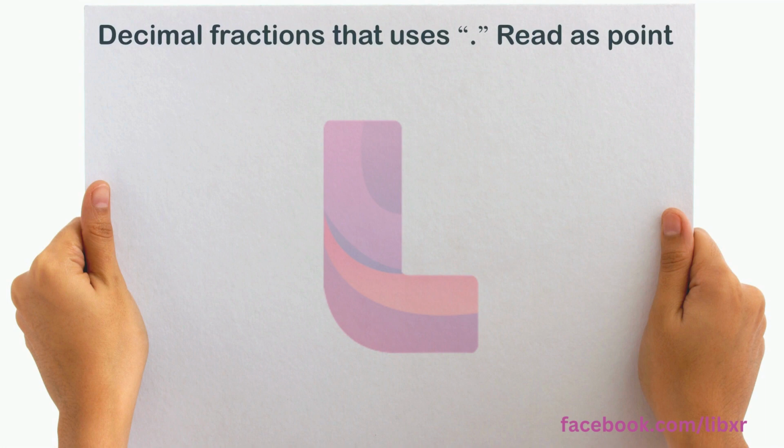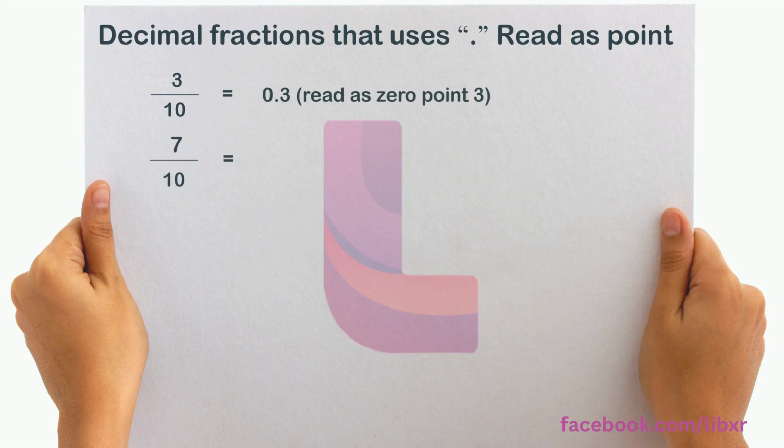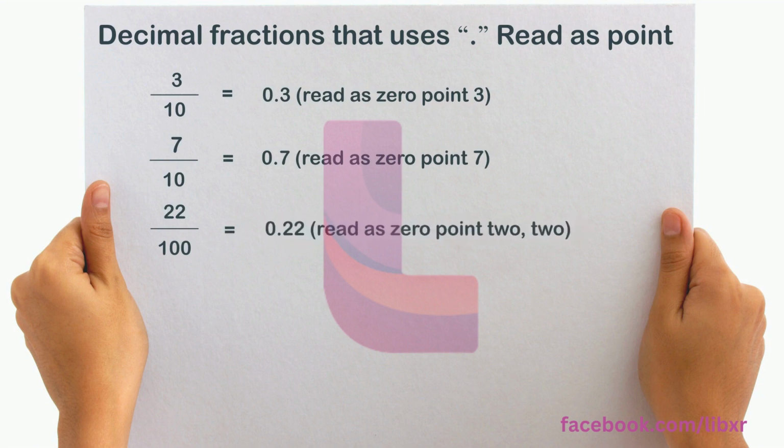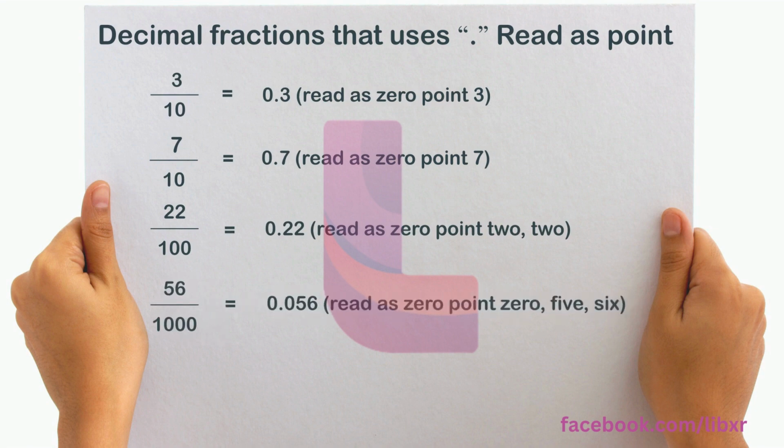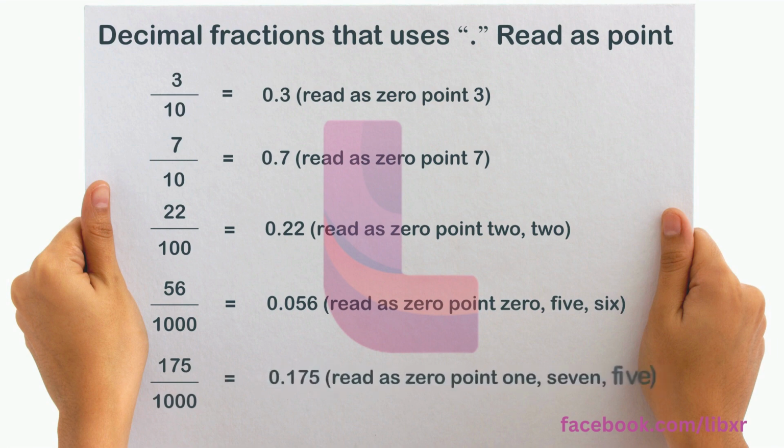By this method, we can write these numbers as 3 by 10 is equal to 0.3. 7 by 10 is equal to 0.7. 22 by 100 is equal to 0.22. 56 by 1000 is equal to 0.056. 175 by 1000 is equal to 0.175.